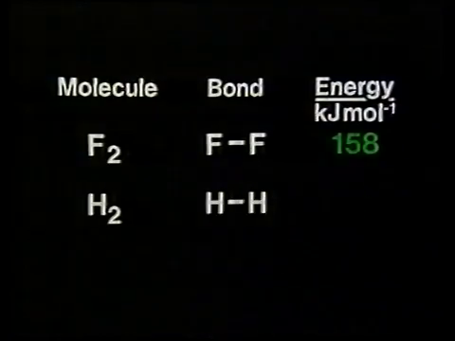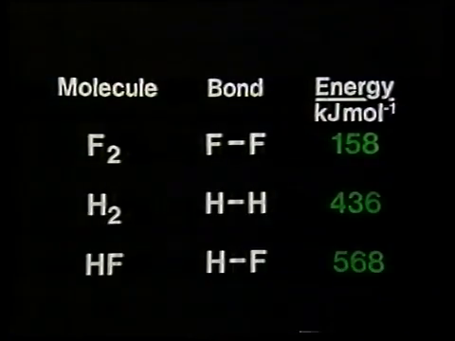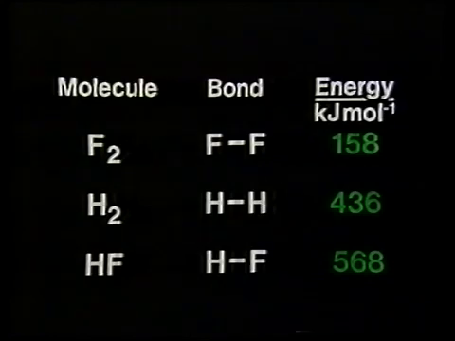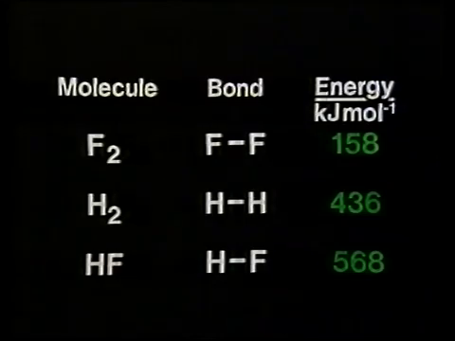How about the other substances in our reaction? Hydrogen and hydrogen fluoride. Why aren't the bond energies all the same? Well, the bond energy is really a sort of measure of the strength of a particular bond. The higher the energy, the stronger the bond. So it's pretty obvious from these figures that the F-F bond is a lot weaker than the other two.